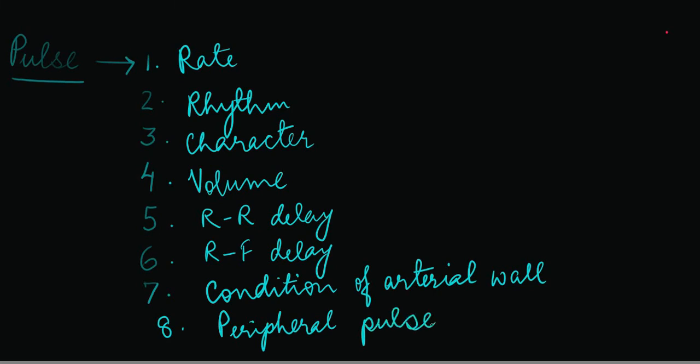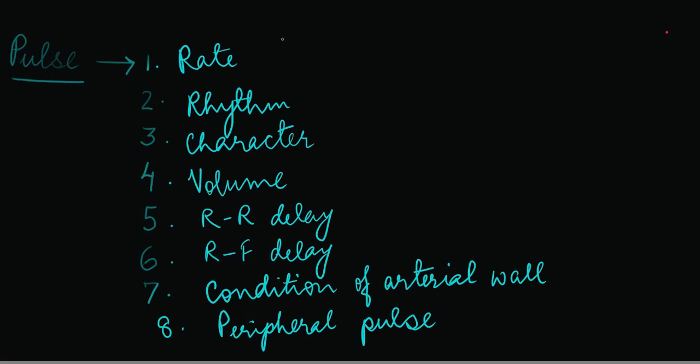Now we will talk about the detail of each of these points. The rate is mainly how frequently pulses are occurring. We spoke about the normal pulse rate, which was 60 to 100 beats per minute.